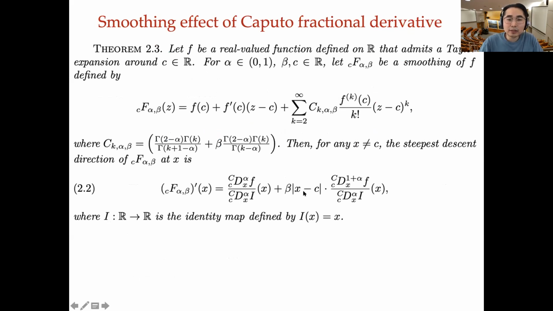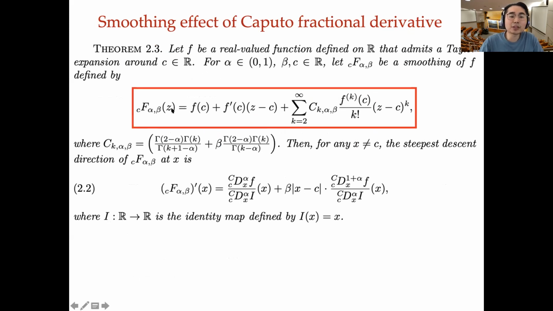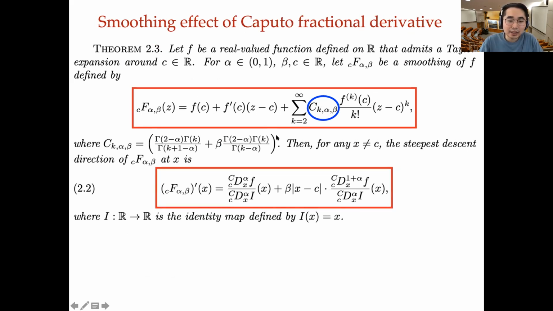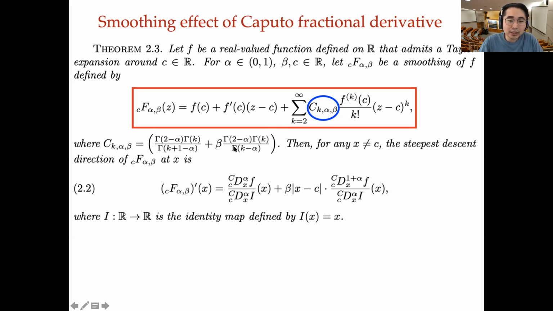This is one theorem we found. I want you to focus on just this function first. This function looks like a Taylor expansion of f at point c. If you think of ck alpha beta as 1, then this is exactly the Taylor expansion. However, this ck alpha beta is defined as here, so that it controls some of the smoothing.